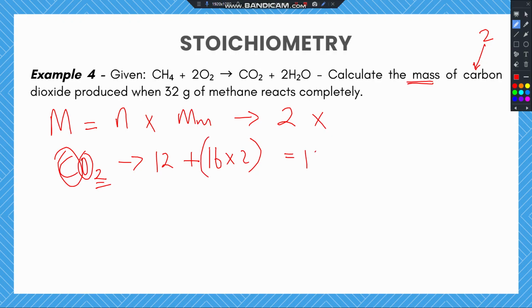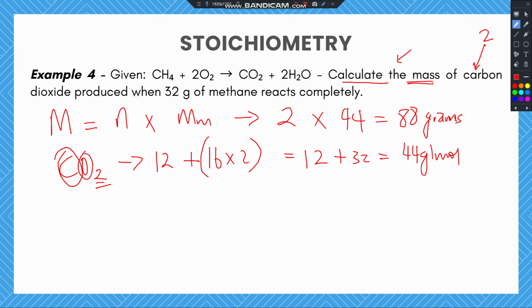So this is 12 plus 32. This gives me 44 grams per mole. That's the molecular mass. So we have 2 times 44, which gives me 88 grams. So the final answer to the question, calculate the mass of carbon dioxide, is 88 grams. That's the answer to the question.